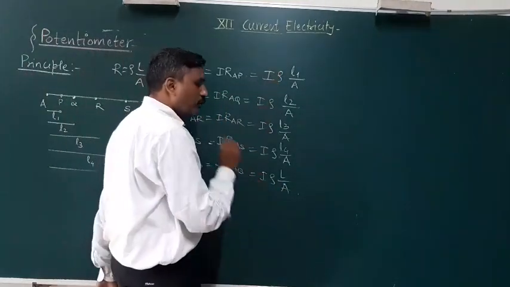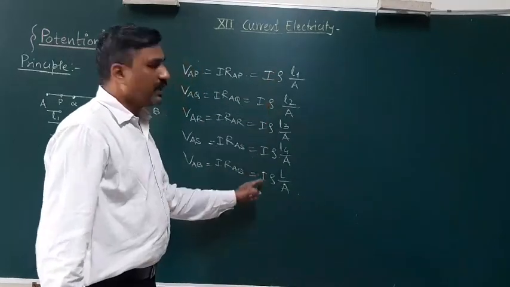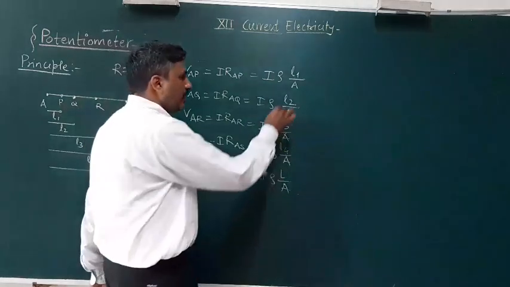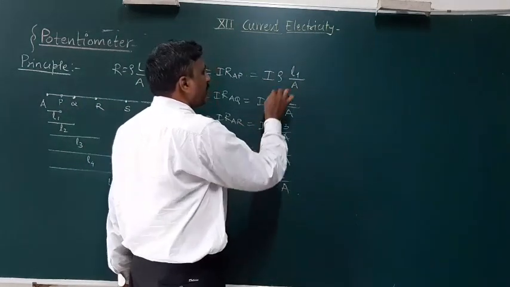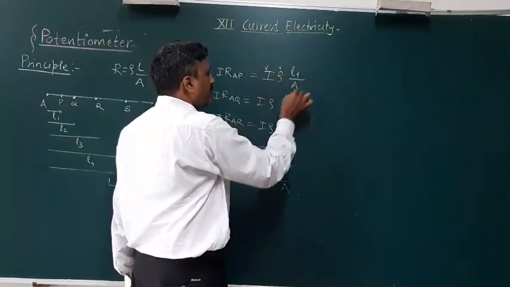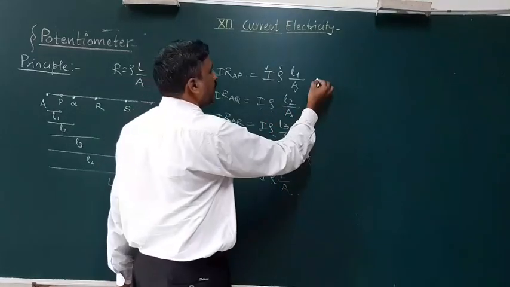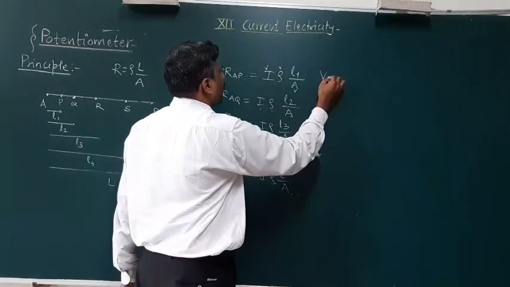Current through all the points is the same. Specific resistance is the same because the wire is made up of the same material. Area is also the same. In I rho by A, all the things are constant, so it will be very simple.